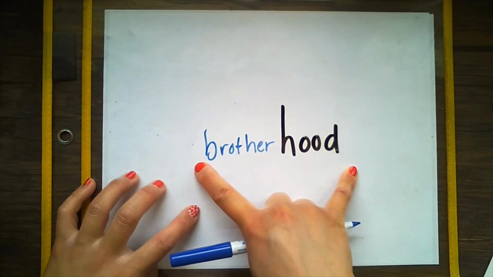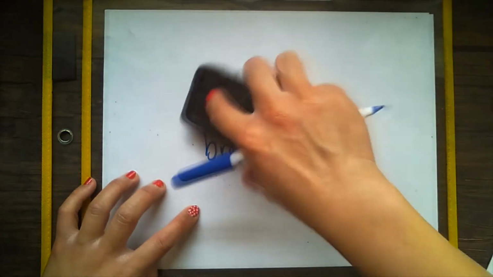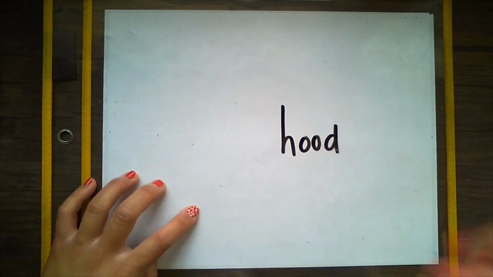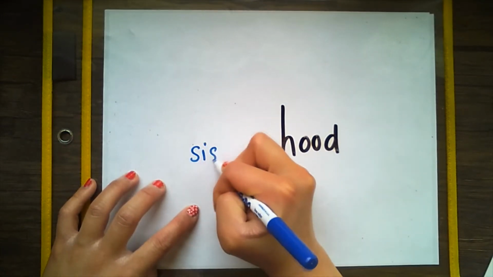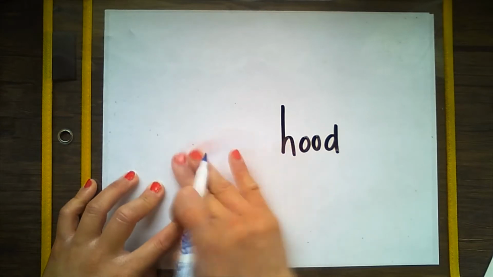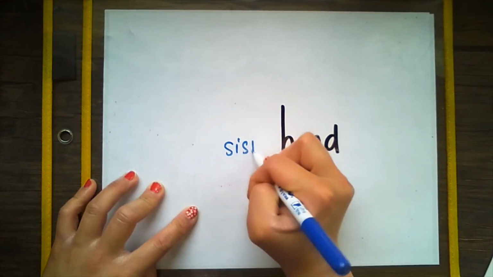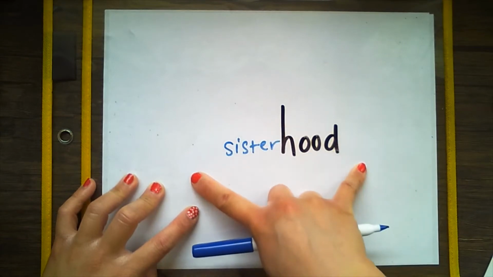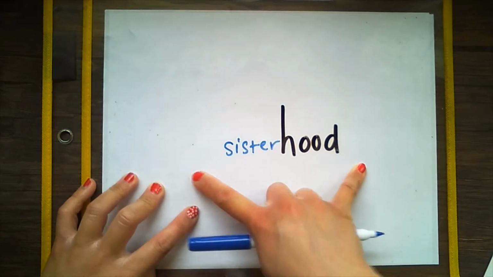Read the whole word. Brotherhood. Read hood. Whoop. Let's bring it closer. Read sister. Read the whole word. Sisterhood. Great job, my friends. Let's move on to our sight syllables for the lesson.